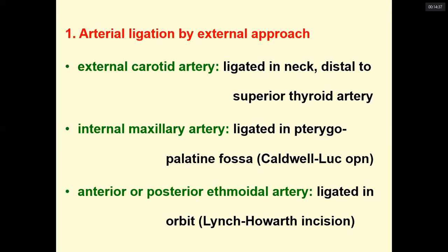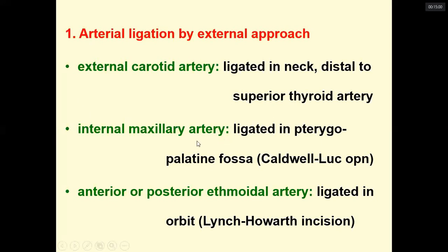The superior thyroid artery, the first branch, doesn't have any role in epistaxis, and we don't want the blood supply to the thyroid to be cut off. So we ligate it above the thyroid artery. But this is not the first modality.